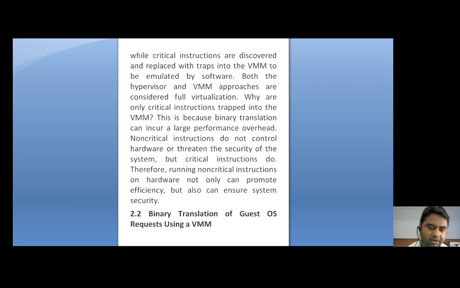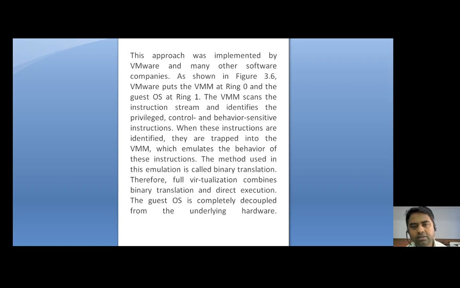Second one is binary translation of the guest operating system requests using the virtual machine monitor. This approach was implemented by VMware and many other software companies. As shown in the next figure, VMware puts the virtual machine monitor at ring 0 and the guest operating system at ring 1.